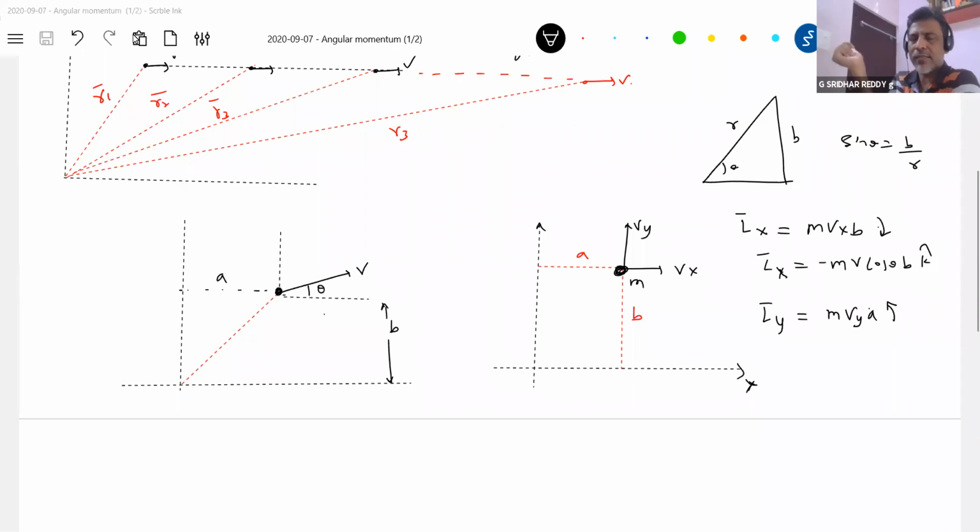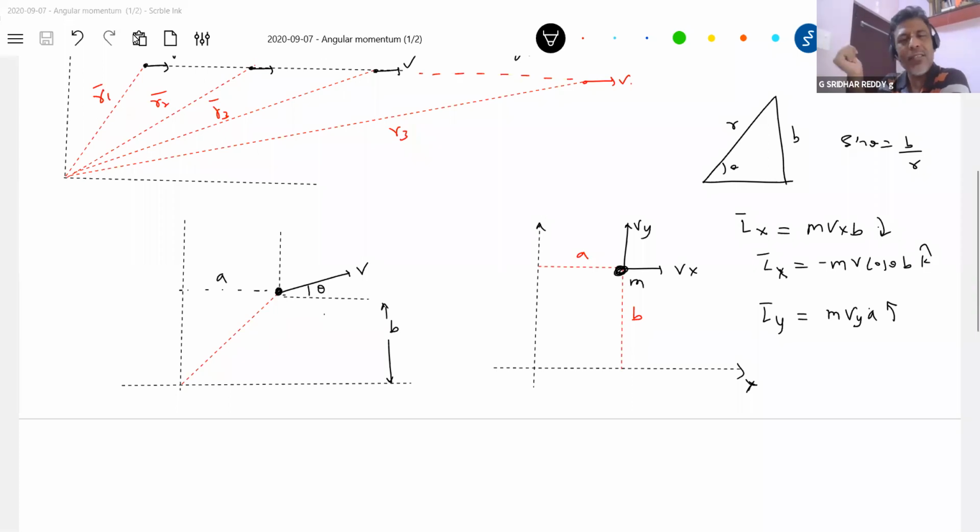Curl it like this. Then for the x component, keep the pointing finger at B bar, then curl it, open thumb. Thumb will be along negative Z axis. Then for this one, keep your small finger at A. Curl fingers, close it, open up thumb. Thumb will be out of the plane.